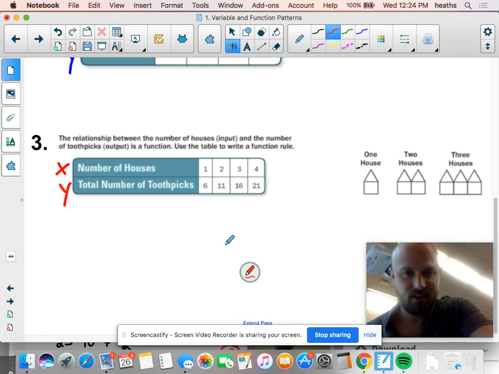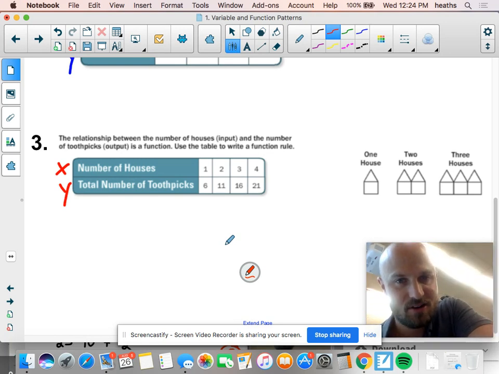Now let's study the numbers that we have here. So for every house, it seems to be going up. What is it? Me, I can eyeball this and tell you, but if you're not sure, remember like we did in number one, maybe take 11 and subtract it, which is the second.